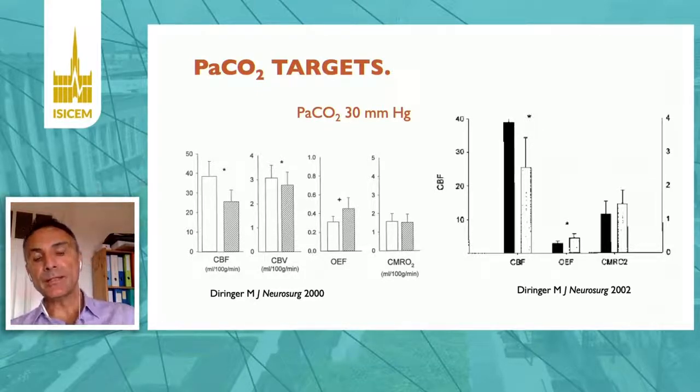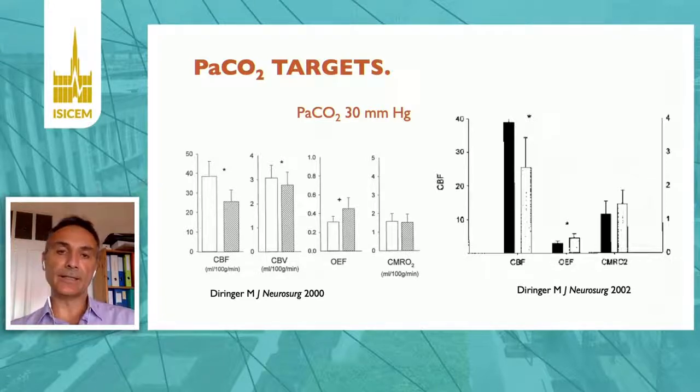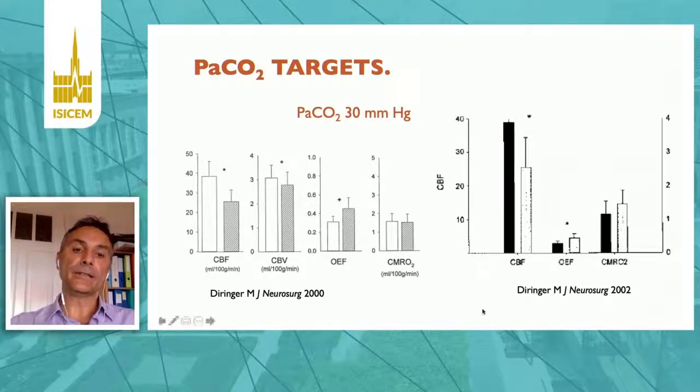What you see in these two studies is that if you are more gentle, with an intervention of PCO2 around 30 to 35, you actually have a benefit because you don't have ischemia, and you see that there is basically a balance in terms of metabolism.